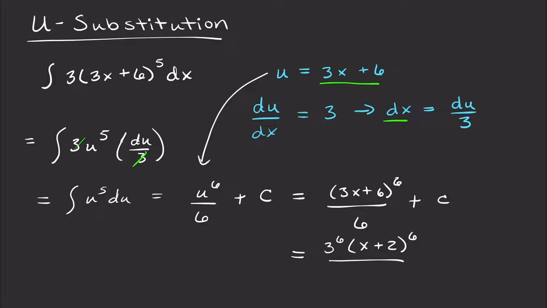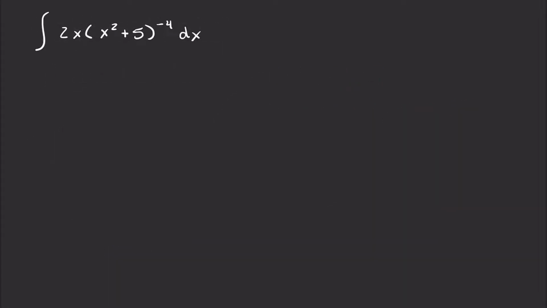You can write 6 as 2 times 3, so one of these 3's is going to cancel, and you're left with 3 to the fifth, which is 243, times (x plus 2) raised to the 6th, all over 2. So one of these cancels, and then plus c.